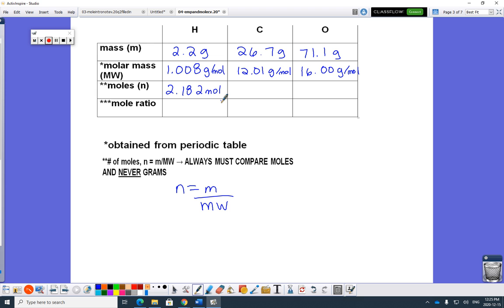So 2.2 divided by 1.008 is 2.182. 26.7 divided by 12.01 is 2.223 mole. 71.1 divided by 16 is 4.443 mole.